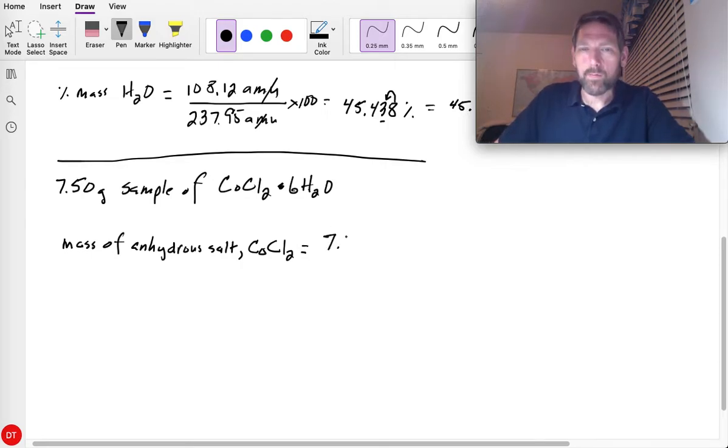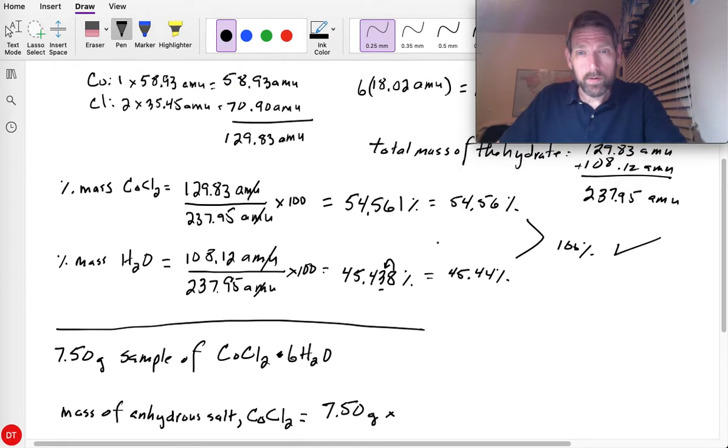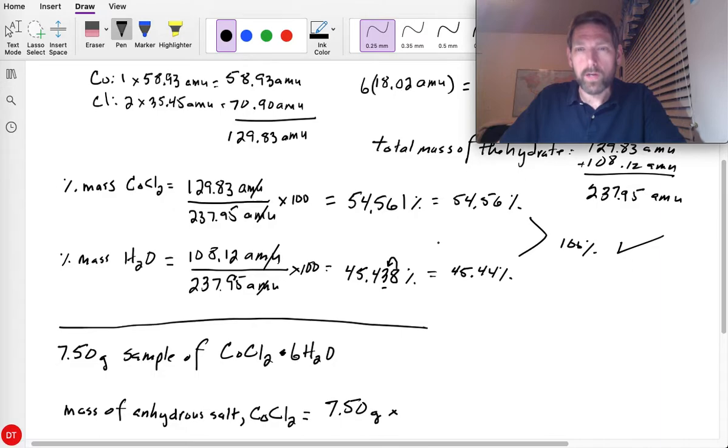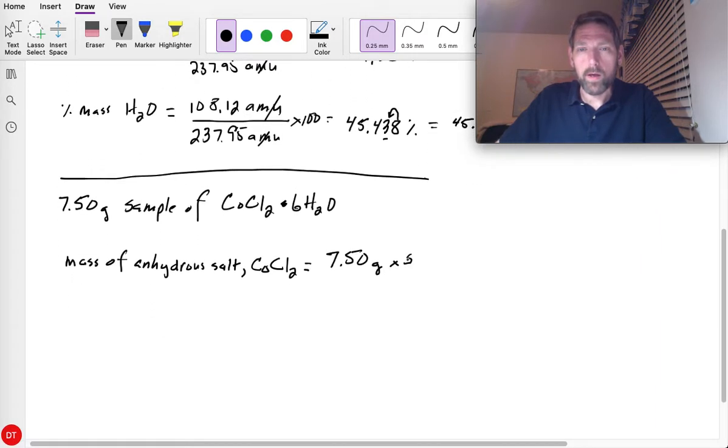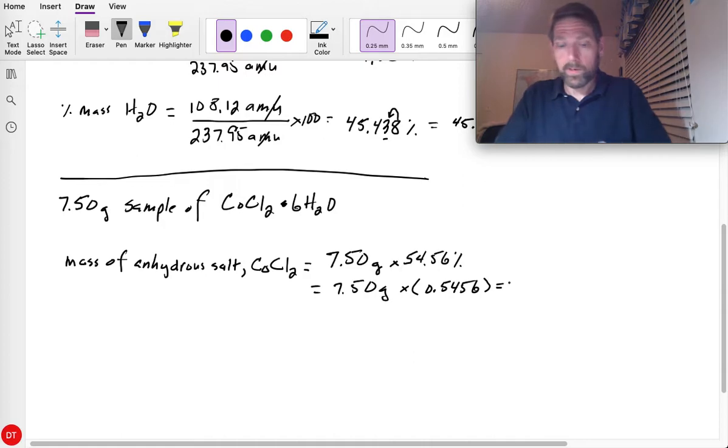We've got 7.50 grams. We have to multiply by the percentage because the ratio never changes. So we've got to multiply by 54.56%. All right, so now that's 7.50 grams times 0.5456. Let's punch that into our calculator here.